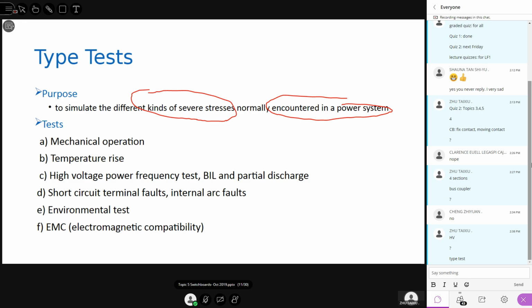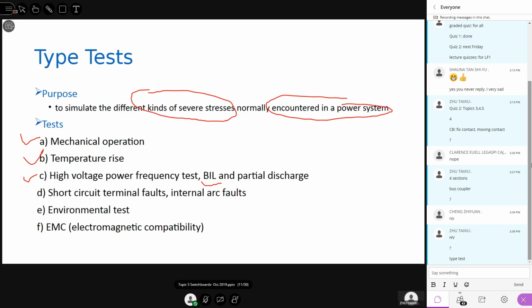More specifically, these type tests include mechanical operation, to make sure the operations are correct, temperature rise, high voltage power frequency test, and also partial discharge and the BIL. BIL stands for basic impulse insulation level.